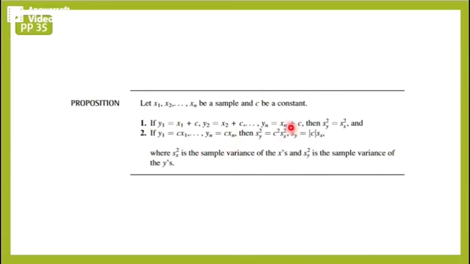So the sample variance of the x multiplied with the constant squared will be my sample variance. That is because the data is multiplied, so actually the spread of the data changed.